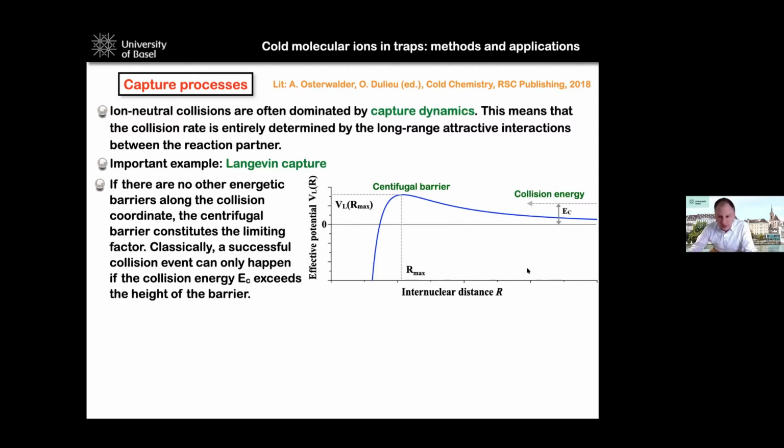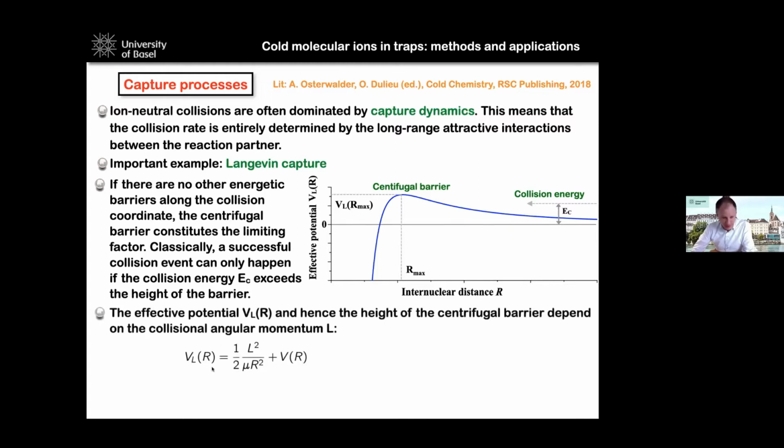What I've plotted here is again the effective interaction potential that we have discussed, the interaction potential plus the centrifugal potential as a function of the internuclear distance. And I only focus on the long-range part, where we also see the centrifugal barrier. So for a successful collision to happen, the two collision partners essentially have to overcome the centrifugal barrier.